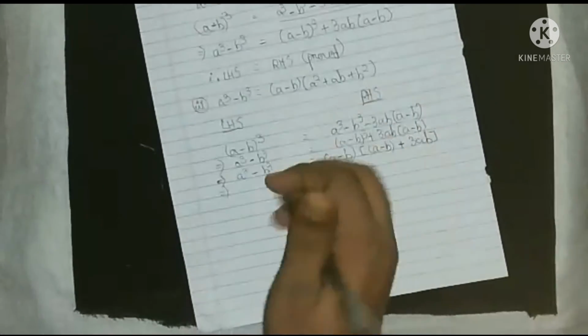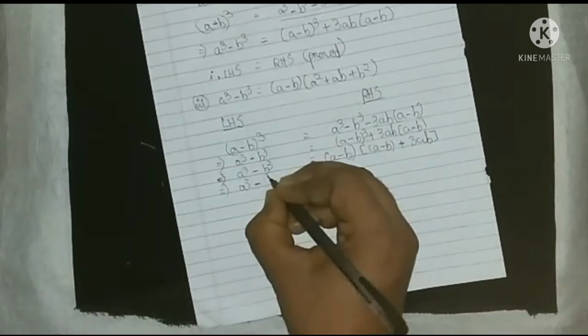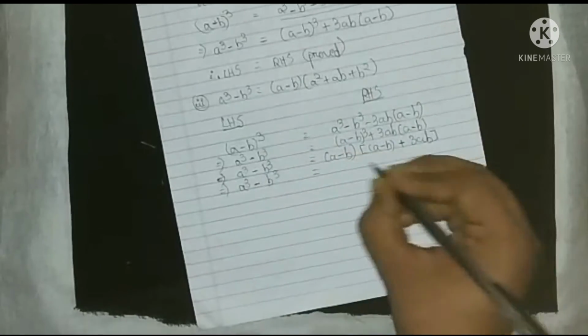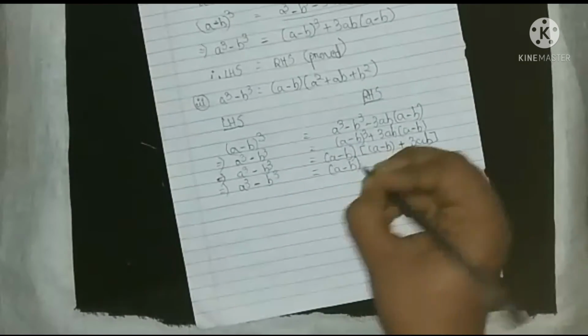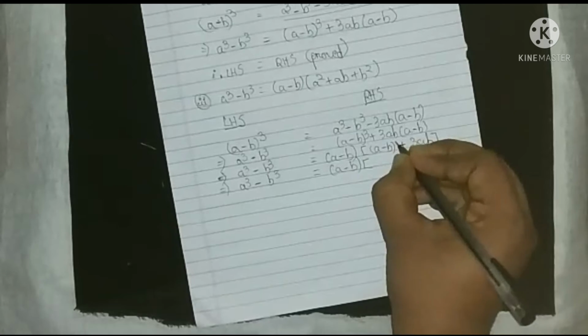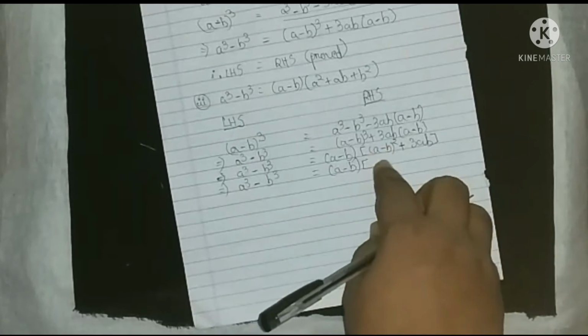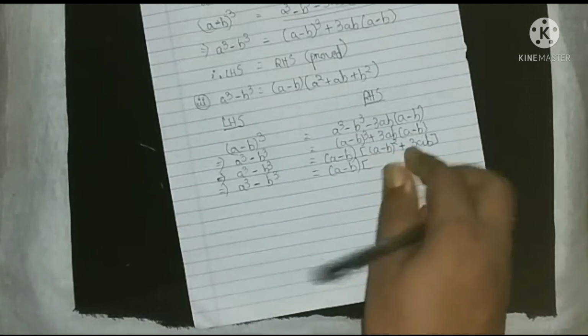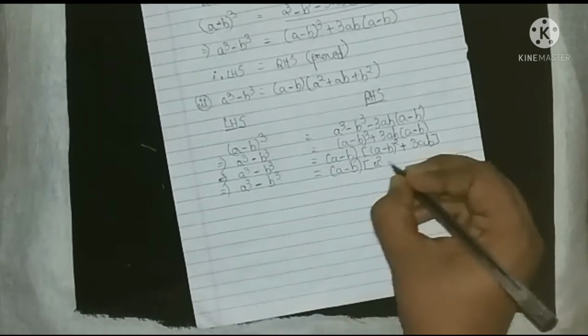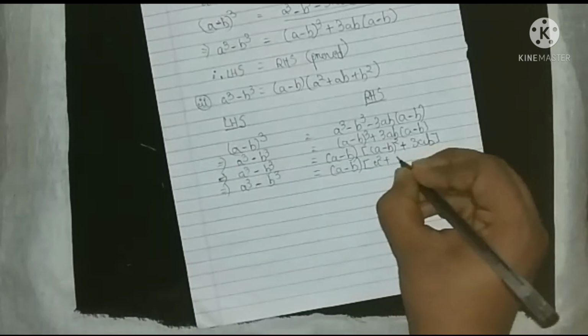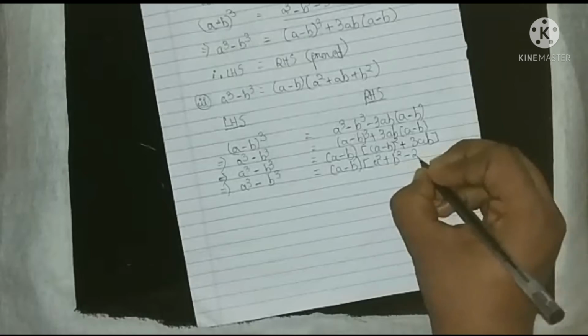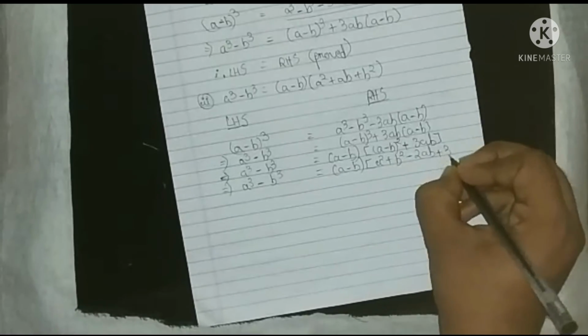Now a cube minus b cube is equal to (a minus b) whole into. By putting the formula for (a minus b) whole square, we got a square plus b square minus 2ab plus 3ab.